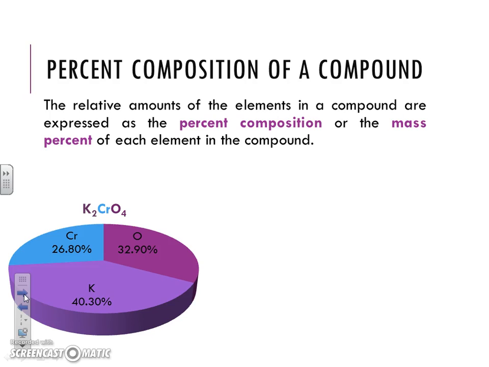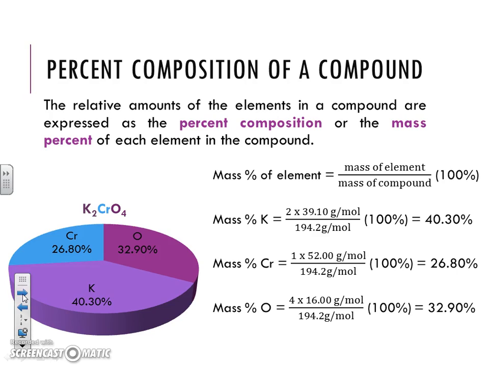And so even though it's K2CrO4, the oxygen and the potassium and the chromium are making up the compound in close to similar amounts, even though there are 4 more oxygens than there are chromiums, and this is because we're actually considering the percent composition in terms of mass.